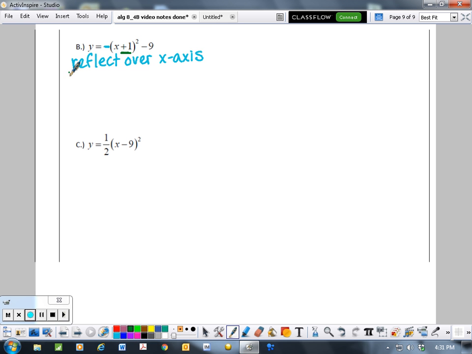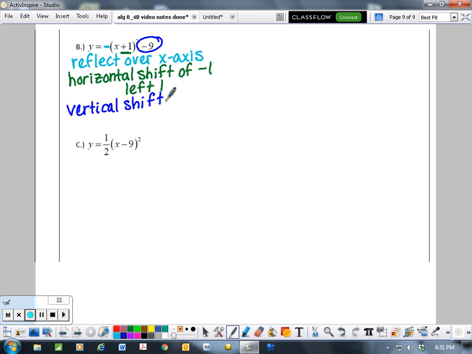So this is a horizontal shift of -1, and the horizontal is side to side, so this is left 1. And then at the end, this is our up and down, so this is our vertical shift of -9, which means we move down 9.